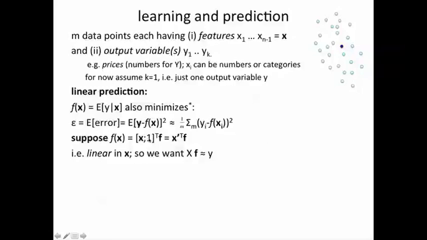Then we have a 1 because there will be a constant. And then (x, 1) transposed f is our function. So we're essentially taking a linear combination of the features. That means f1 times x1 plus f2 times x2, etc. for every feature, plus some f0, which is just a constant.